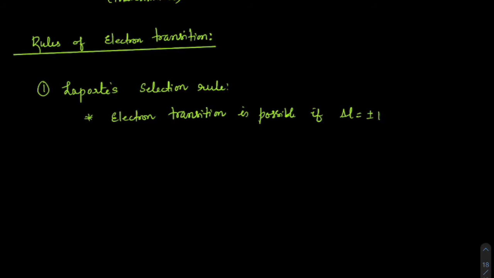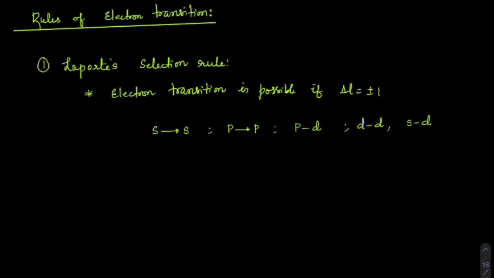For example, is S to S possible? It is not possible. P to P not possible. P to D, D to D, S to D. Let us look at what the delta L value is in these. It is 0, 0, 1, correct?